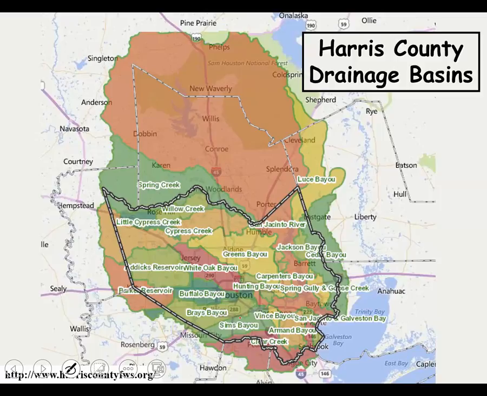Now, in the case of some drainage basins, they extend way out of our immediate area. But many of the drainage basins in Harris County, which is this dashed line, are largely confined to Harris County. So when we talk about agencies like the Harris County Flood Control, they're going to be monitoring all of these bayous and surface tributaries in the context of these subbasins.